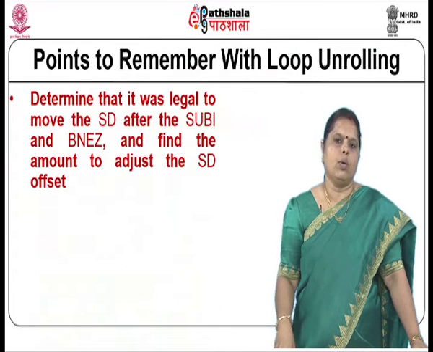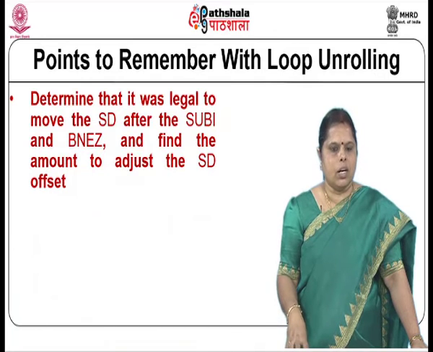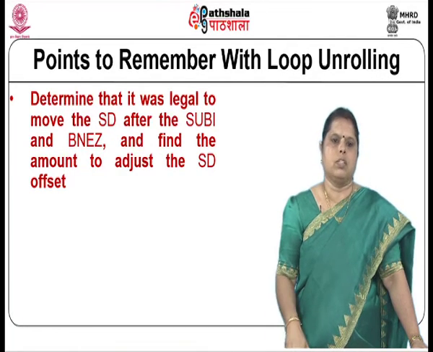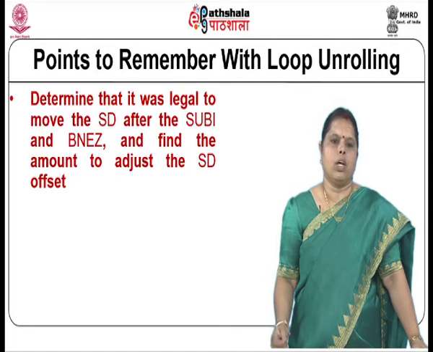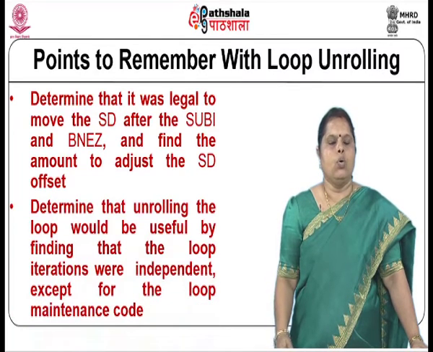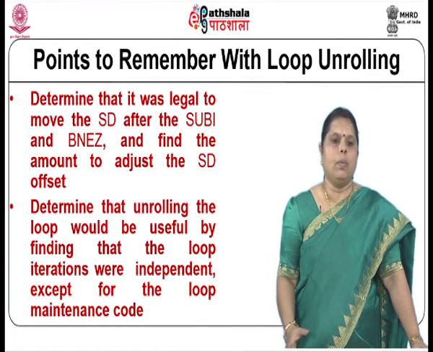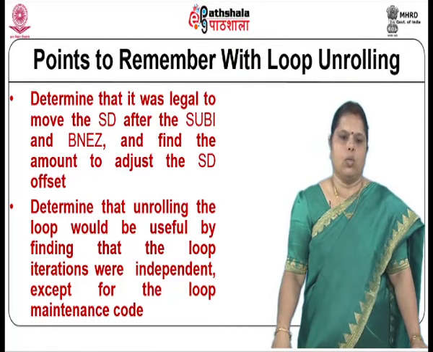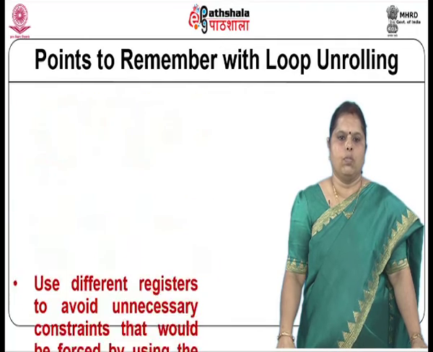So, the points that you will have to remember with loop unrolling are, you will have to determine that it was okay or legal to move the store instruction after the sub instruction and branch, and find the amount that you have to adjust in your store offset. You also have to determine that unrolling the loop would be useful by finding that the loop iterations were independent of each other. So, if there is a loop carry dependence, you can't do that. Except for the loop maintenance code, you are trying to do the unrolling of the loop.